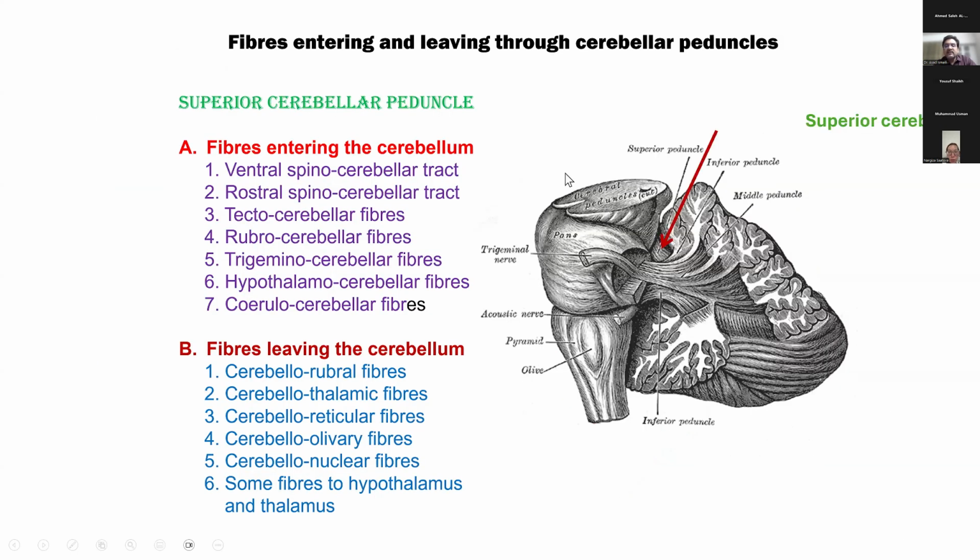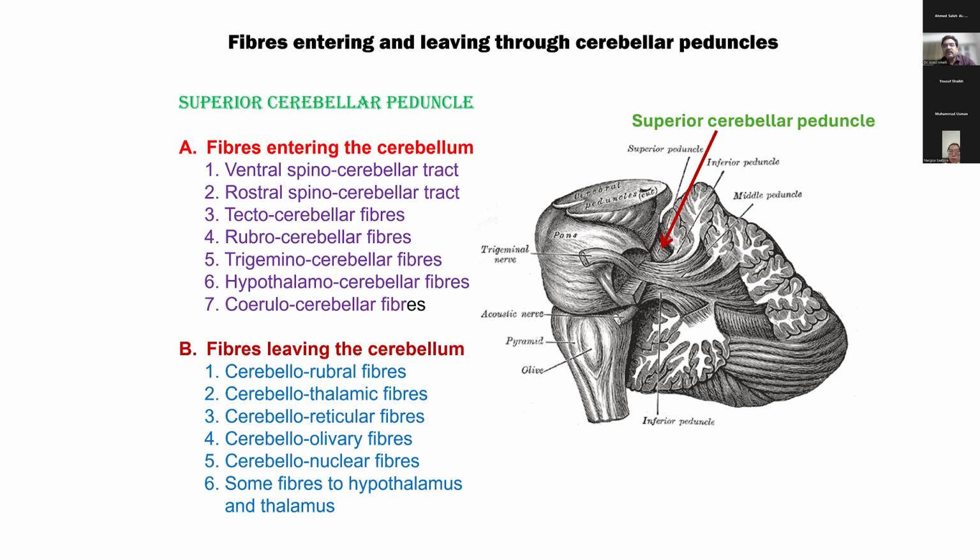Now these are the structures which are passing through different cerebellar peduncles. I will not go into details of these, but we have to keep in mind that there are three cerebellar peduncles. They relay information from the cerebellum. Without them, nothing can go in and out of the cerebellum.